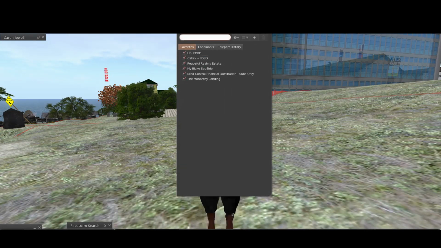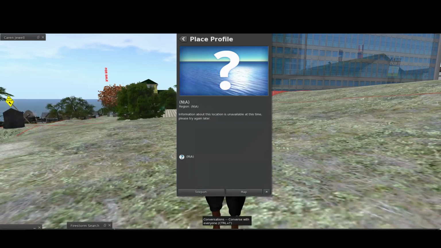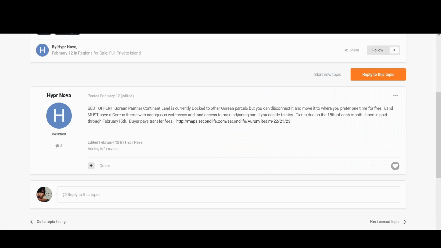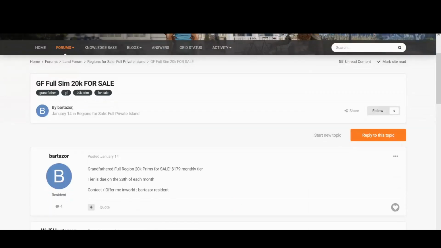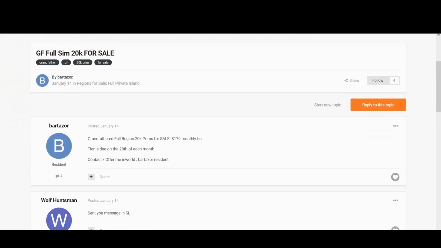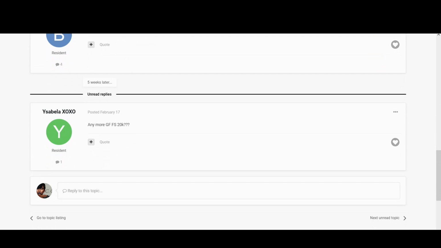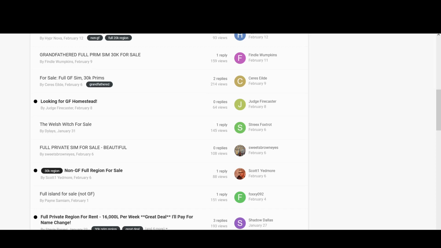It's not gonna show it. Yeah. Or somebody bought it and they are moving it as we speak, and that is why we're getting an NA. Point is that there are ways to get a full region, and you don't have to pay a lot of money for it.